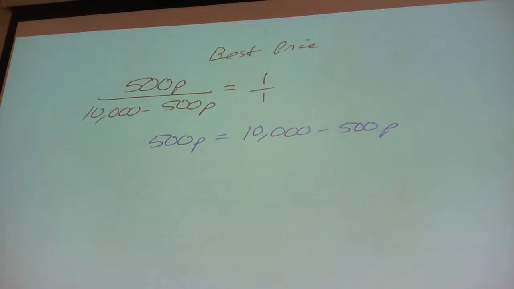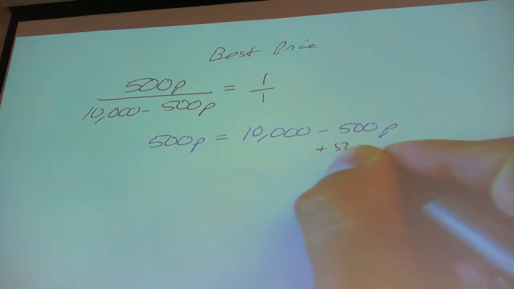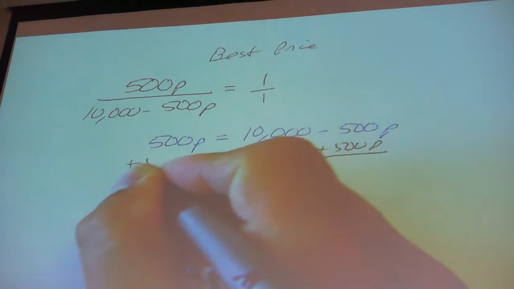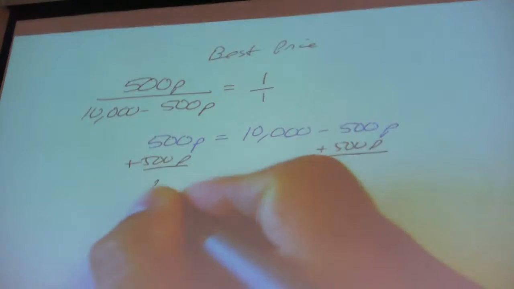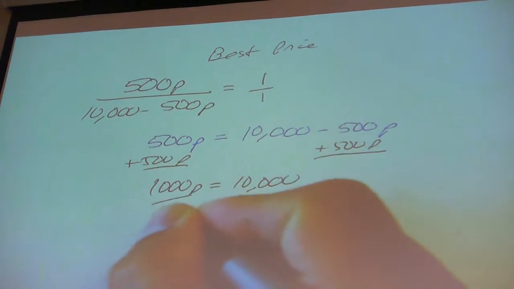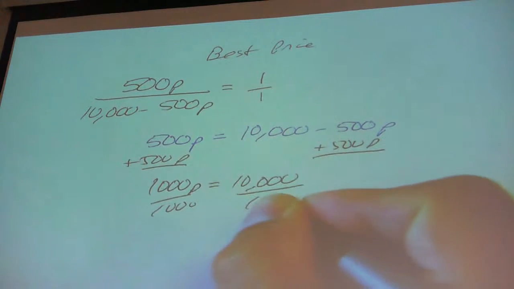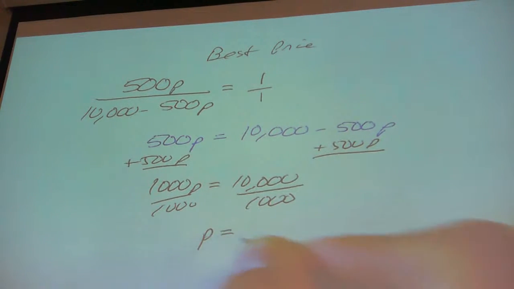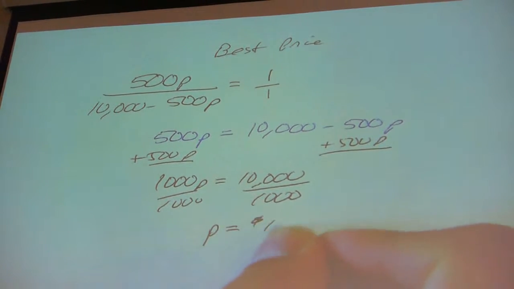Okay, to solve this, add 500p, add 500p, 1000p equals 10,000, divide by 1,000, divide by 1,000. What's the best price? $10.